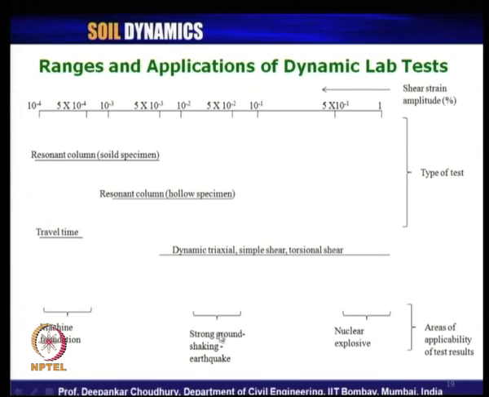So, for strong ground earthquake motion, when you are using the laboratory test results, dynamic shear modulus and dynamic damping ratio value, again it should come from either the dynamic or cyclic triaxial test or simple shear or torsional shear, or maybe at most resonant column if you have used a hollow specimen.